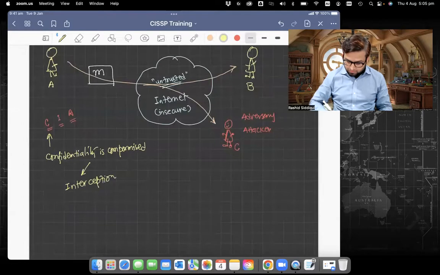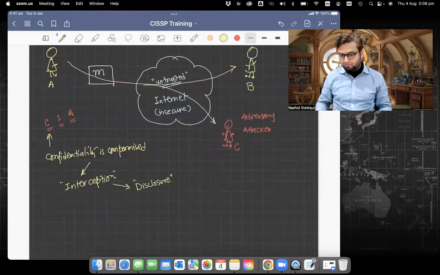And with the interception, what has happened is called disclosure. I hope you're getting a sense of how these words are taking shape as different characters in the story.